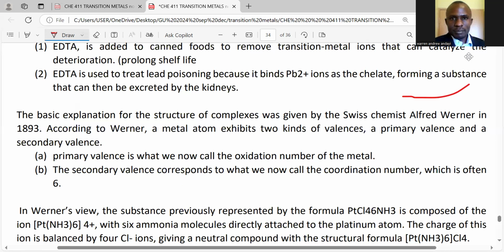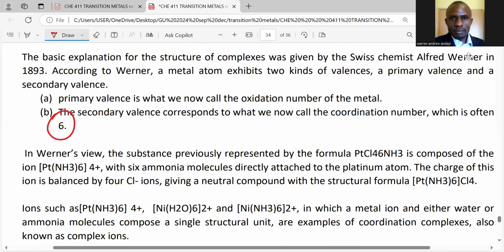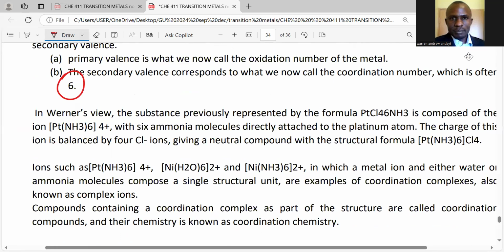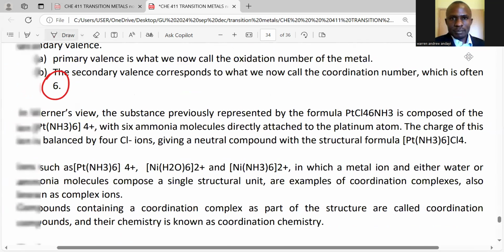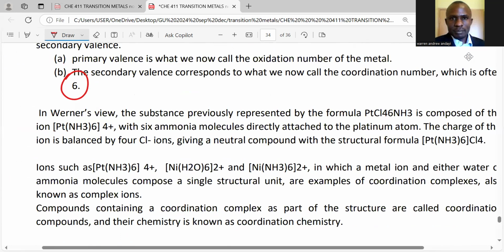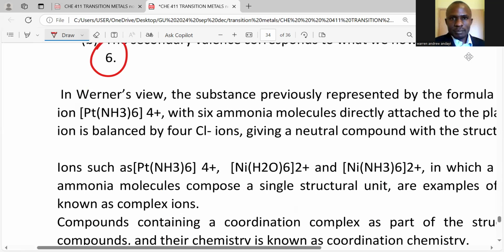So I've already told you about coordination number. So for example, platinum here.